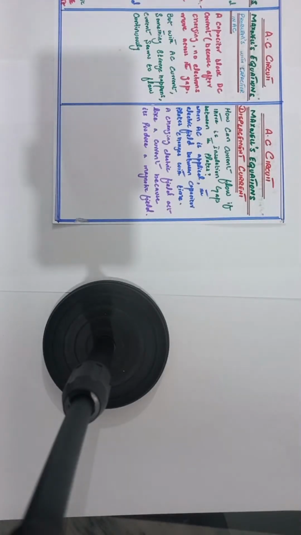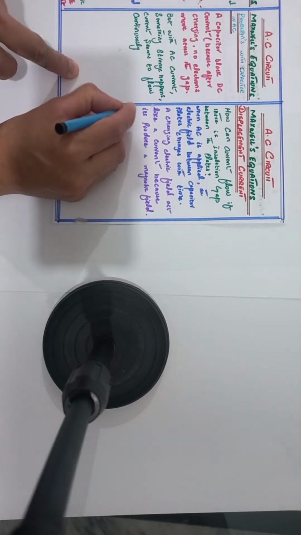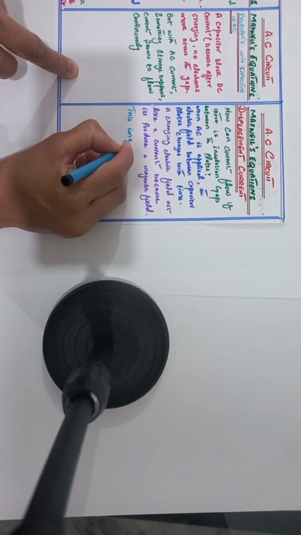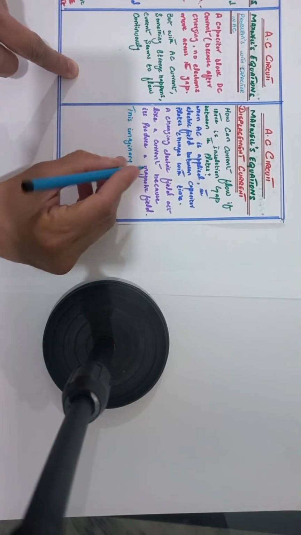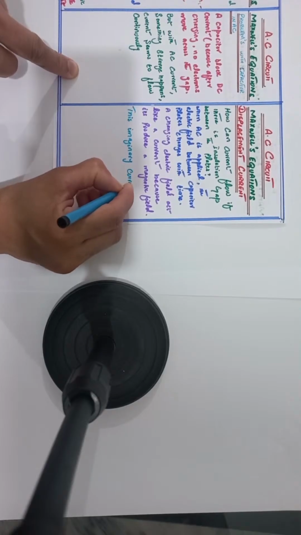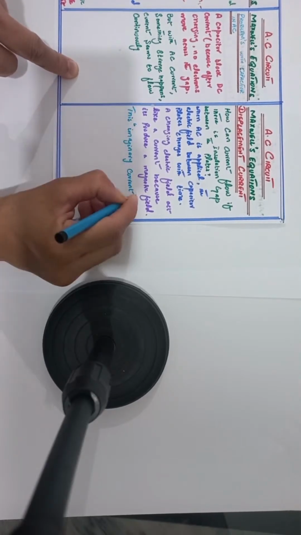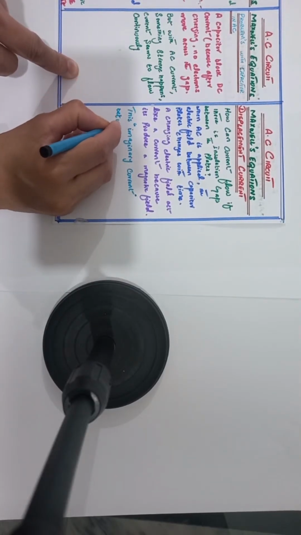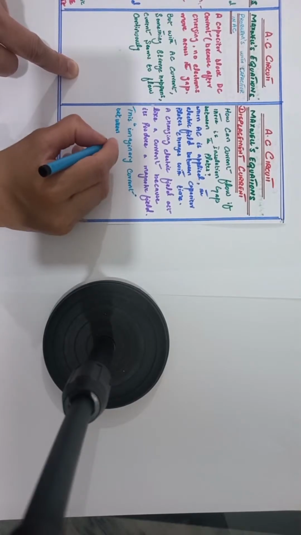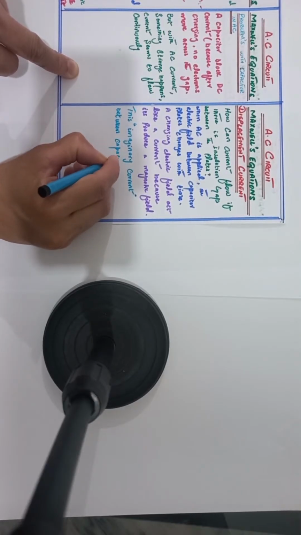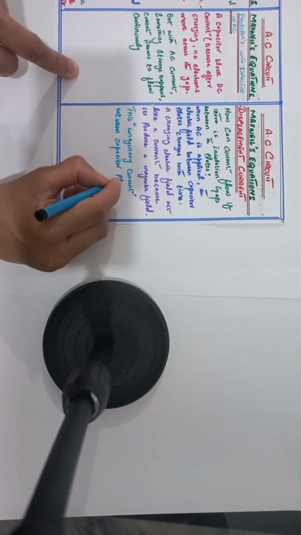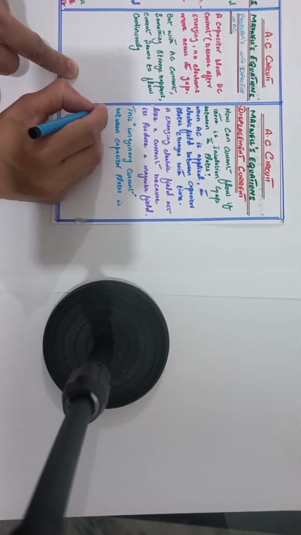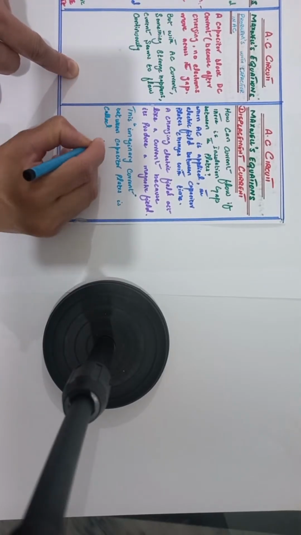So here we write that this imaginary current between capacitor plates is called displacement current.